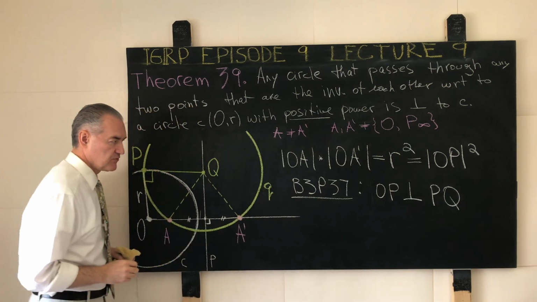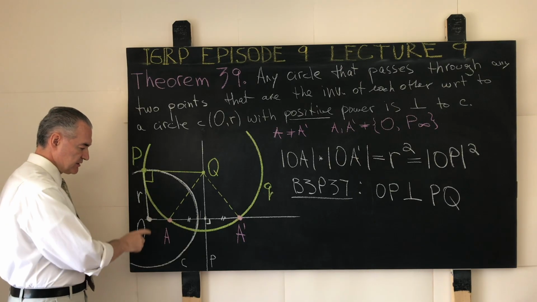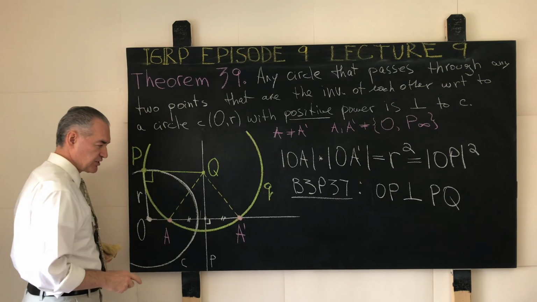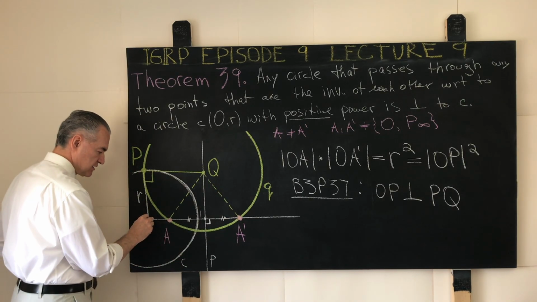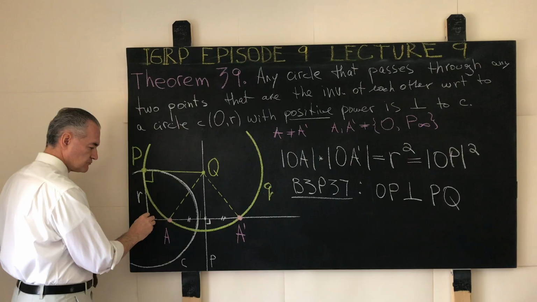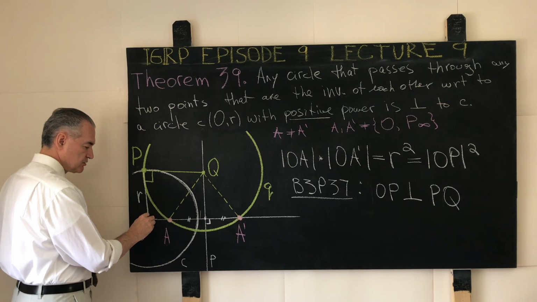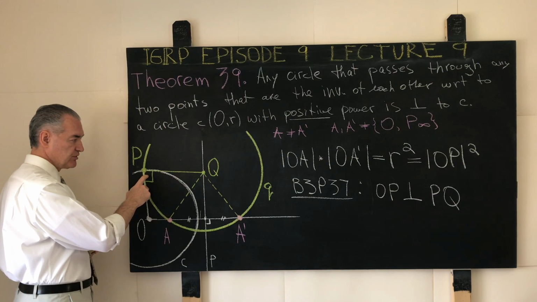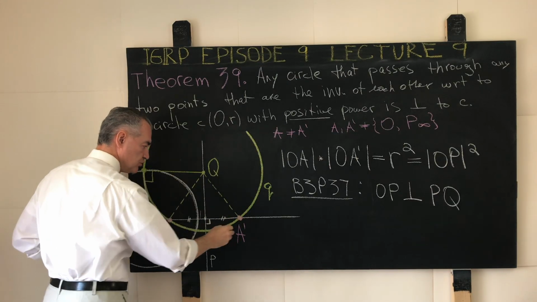This is the conclusion of the converse of the tangent secant theorem, and in this case, the straight line that passes through the points O, A, and A prime is precisely a secant of our sample circle Q, and the straight line OP that, as Euclid puts it, falls on the circle Q plays the role of the tangent, and that means that the radius OP of the circle of inversion C is perpendicular to the radius QP of our sample circle Q.